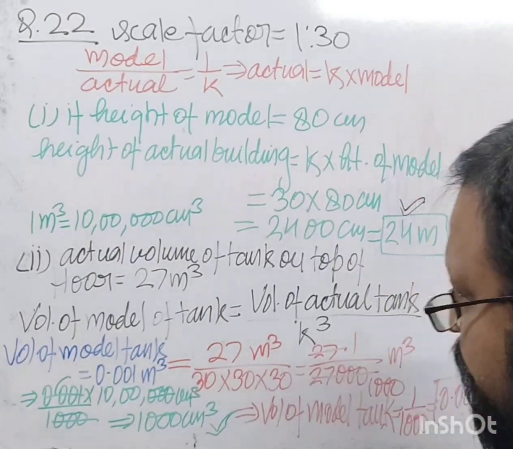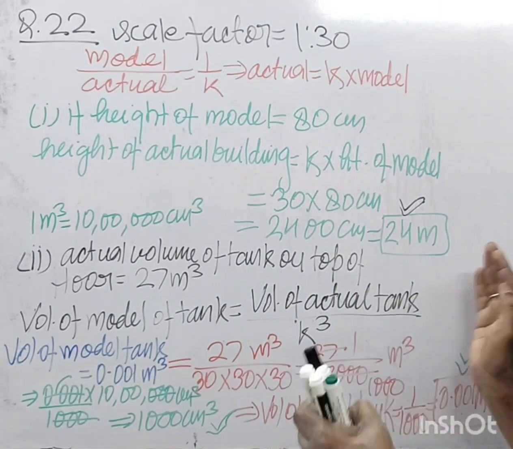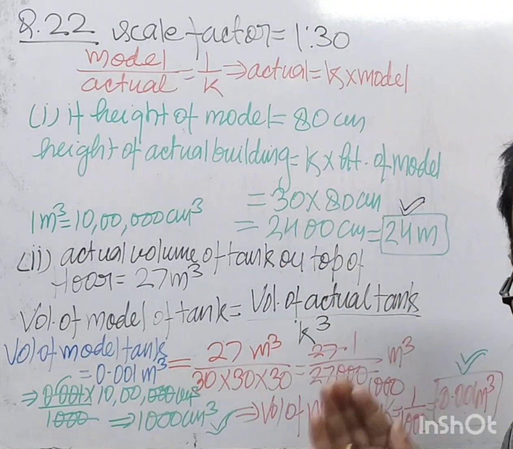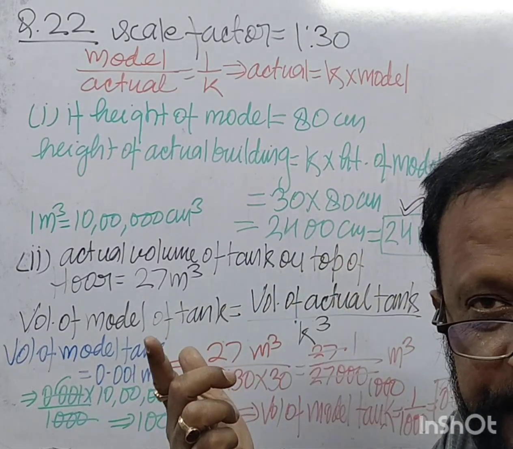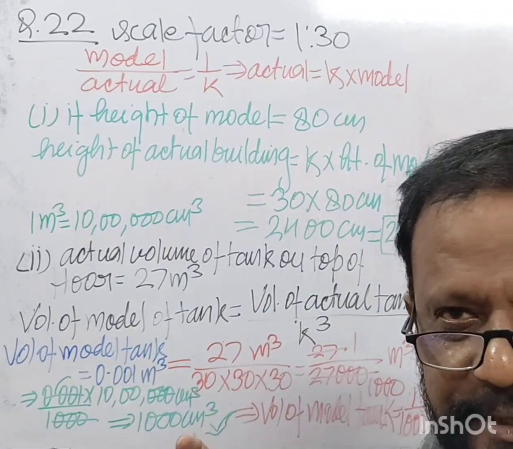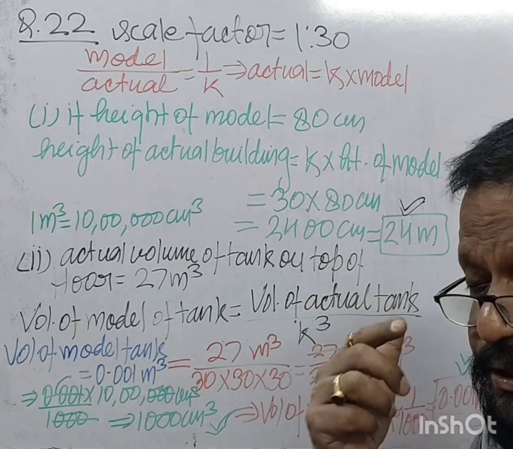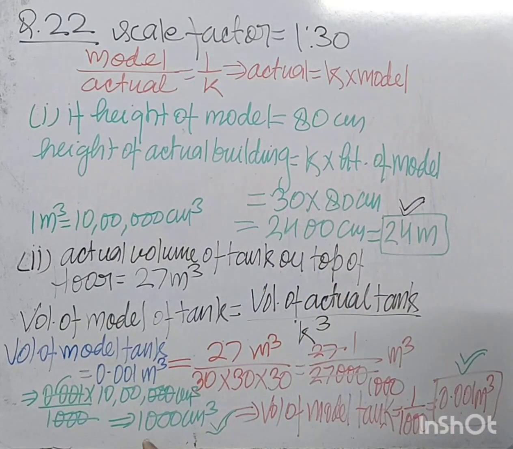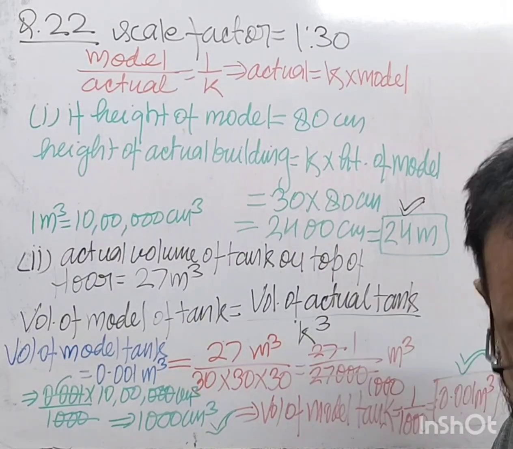You have to do it with your own intelligence, because this data seems to be quite long, so bring it down, squeezed. 2400 centimeter and 24 meter, the latter gets small and more convincing. Similarly, here it is 0.001 meter cube and 1000 centimeter cube. It's quite easy to read.